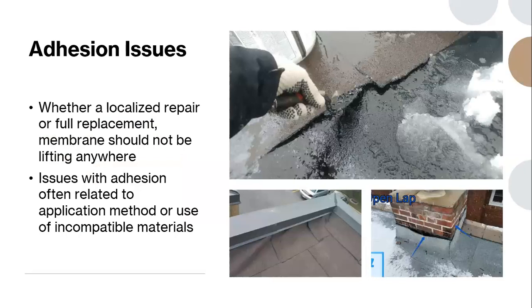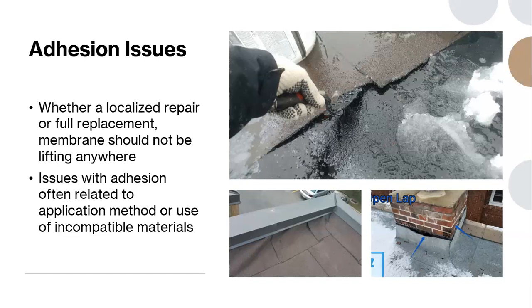So another thing that we see very commonly when the guidelines aren't followed are issues with adhesion. So this can be both with localized repairs or new installations. And this could be either because of the installation method. So for example, if it was a torch-on application, if they're not torching adequately or to the specifications, there could be issues with the adhesion because of the bleed of the tar on the underside.